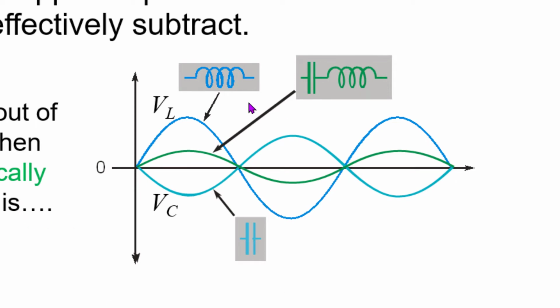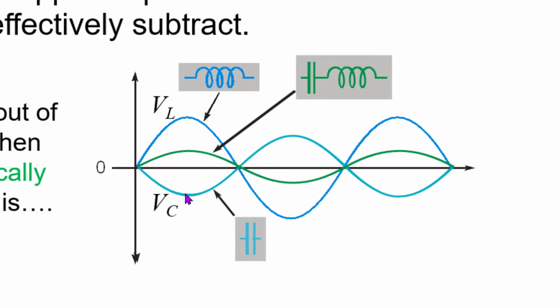In this case, I know that the voltage drop across here was a little greater than the voltage drop across here in its magnitude. So I'm left with a little bit of this. And now I'm looking at a circuit that is inductive, because this is a little bit higher here and it's higher into the inductive range, right? It goes up closer to here.